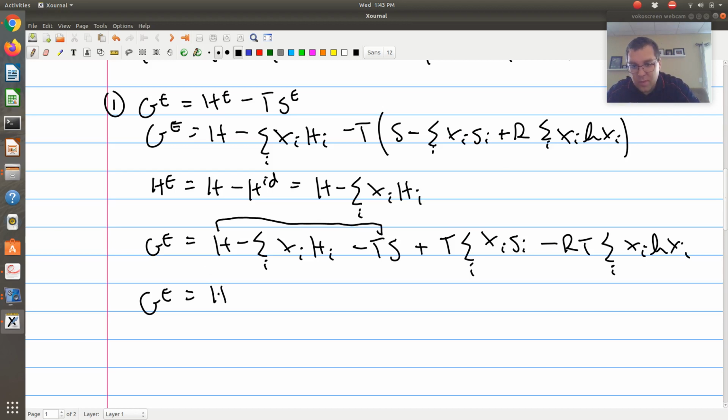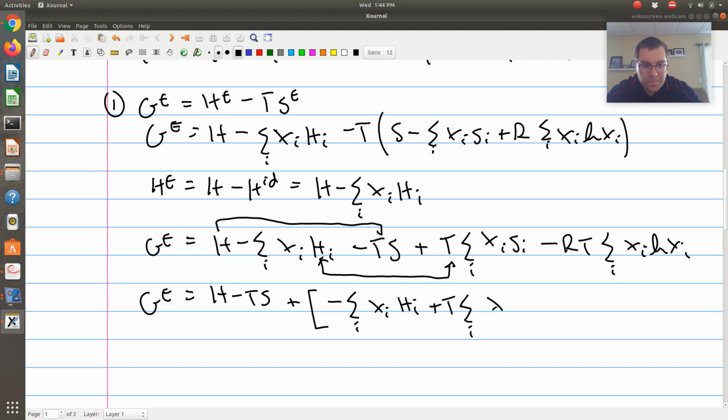So it'll be H minus TS. Then next, I'm going to group these two terms, and we'll take this in steps. But if I was just to group terms initially, let's write this as plus minus sum over i x_i h_i plus T sum over i x_i s_i minus RT sum over i x_i log x_i.